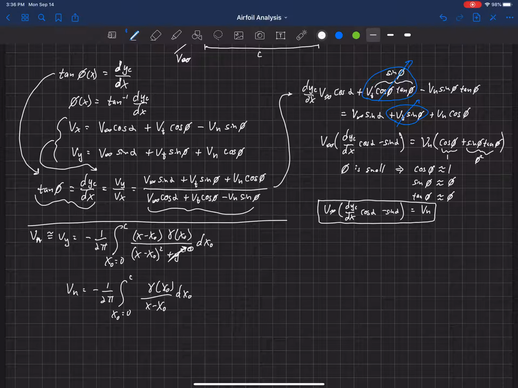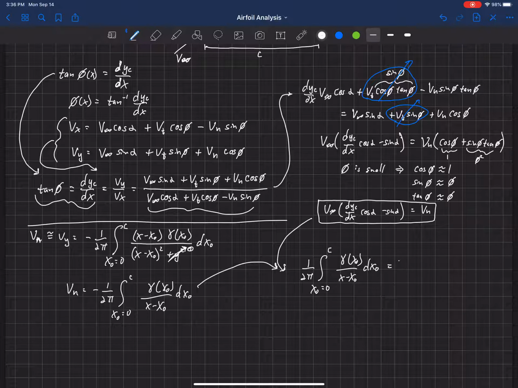And now we can equate these two results for Vn and say that 1 over 2 pi the integral from x naught equals 0 up to c of gamma of x naught over x minus x naught dx naught is equal to V infinity.